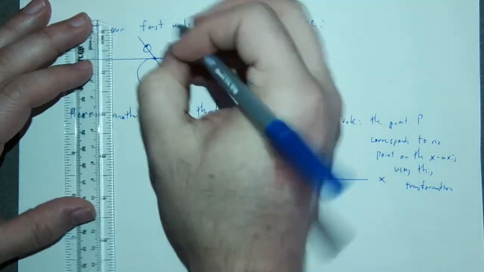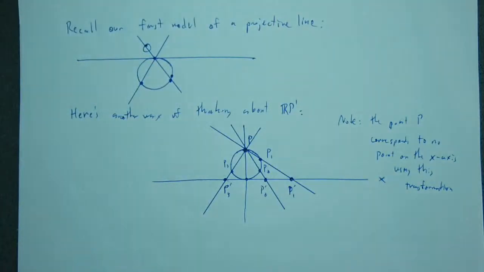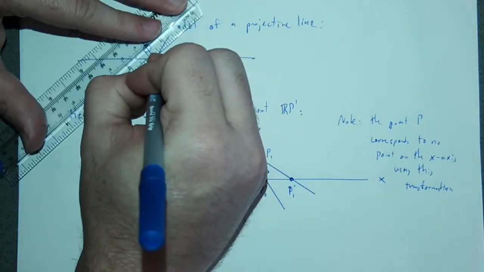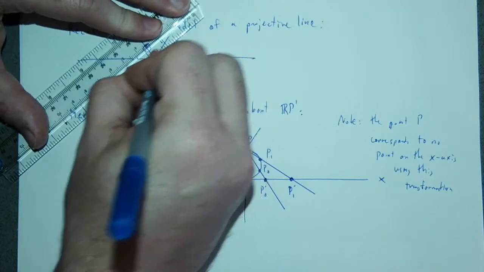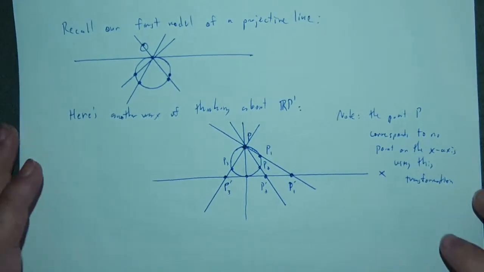So every point on this circle has a line associated to it, and we know that that's how projective lines behave. So each point is actually a hidden line. In some sense, this is how we defined our models for projective spaces of various types, not just the real ones.